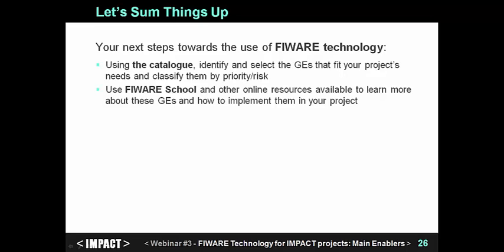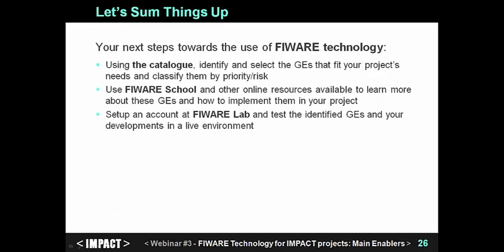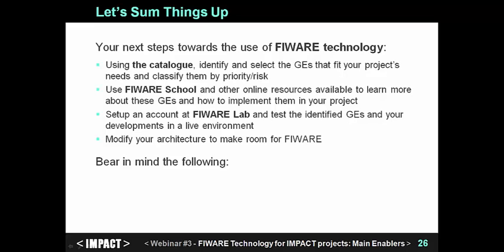You have many resources available to learn about these generic enablers and get deep inside them. Then set up an account at FIWARE Lab and begin testing them. It's free.